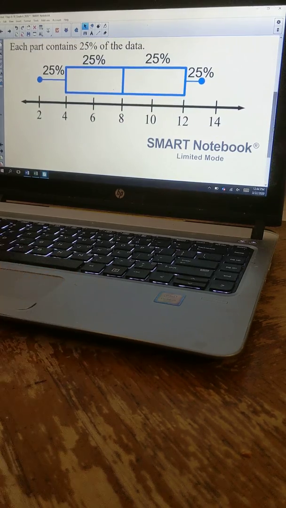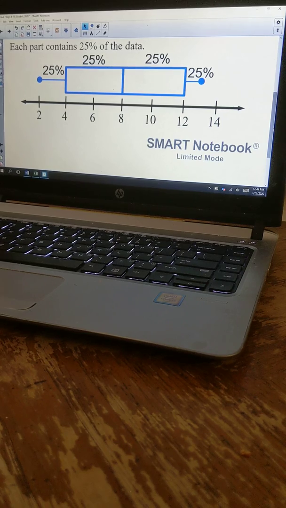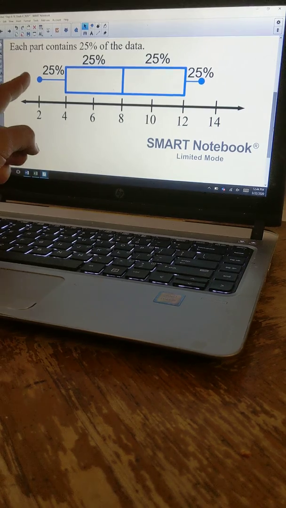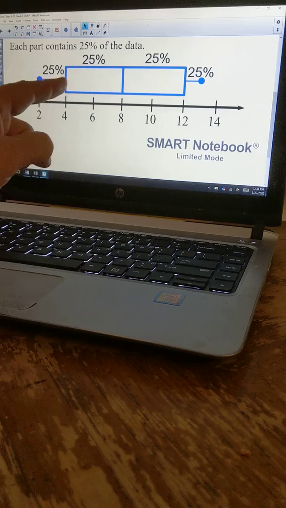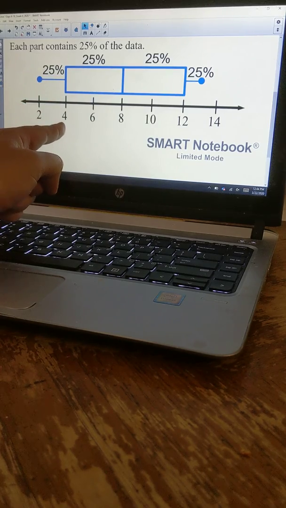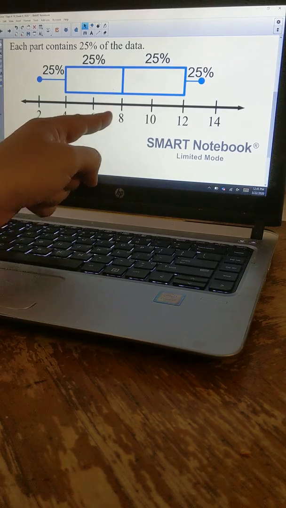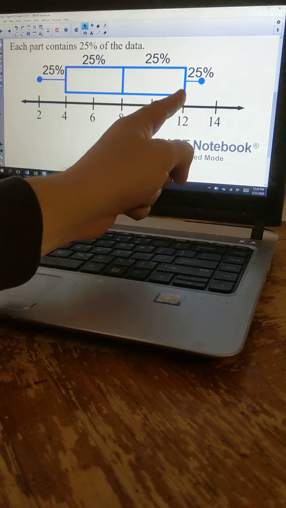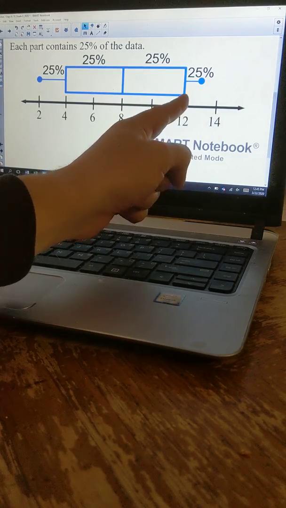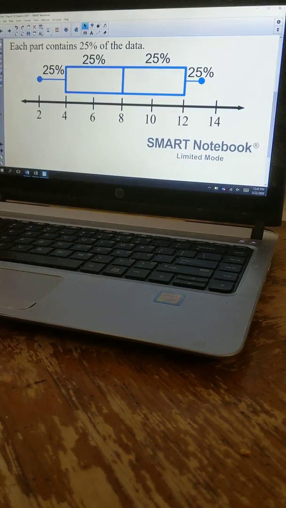we can't tell by looking at the box and whisker plot how many total people answered this. All we know is that 25% of the people answered with a number between 2 and 4. 25% of the people answer with a number between 5 and 8. 25% of the people answer with a number between 8 and 12. And 25% of the people said a number between 12 and 13.